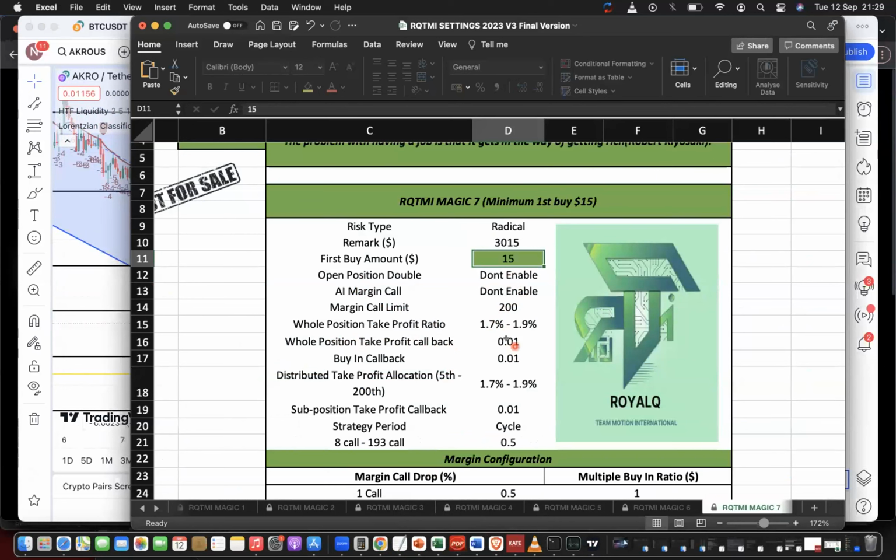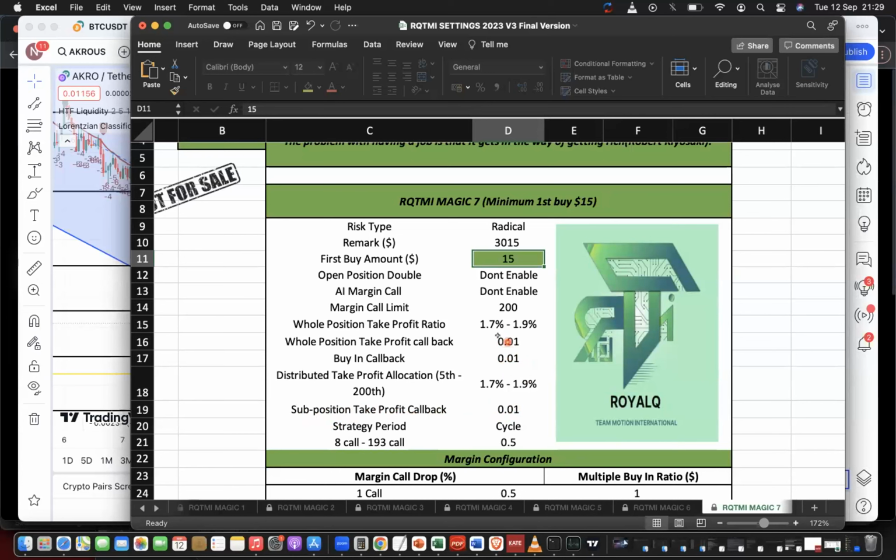Just use 0.001, or you can use 0.01 if you want, but I recommend 0.001, 2 zeros and then 1. The same thing for buying callback, 0.001. The same thing for sub position, take profit callback, 0.001.